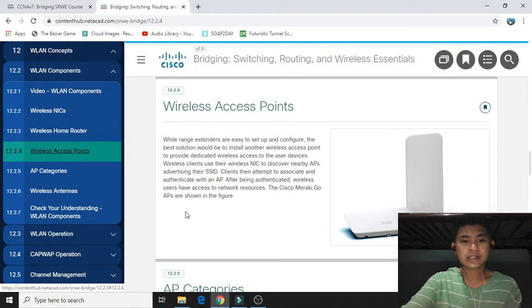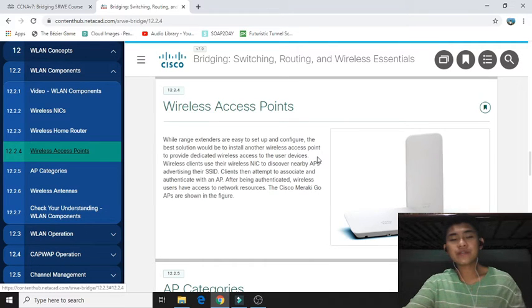We go to the wireless access points. While range extenders are easy to set up and configure, the best solution would be to install another wireless access point to provide dedicated wireless access to the user devices. This is like the Wi-Fi extender that we commonly buy in some stores.